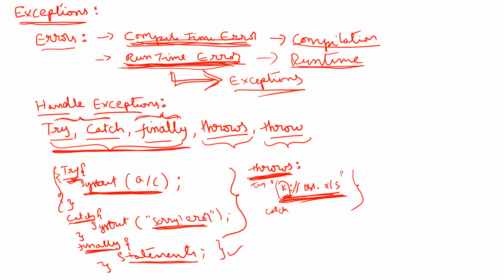So the compiler itself says that you have to handle it using a try catch block, or you need to use the throws keyword. We have to handle those exceptions before compilation itself. These kinds of exceptions are called checked exceptions.